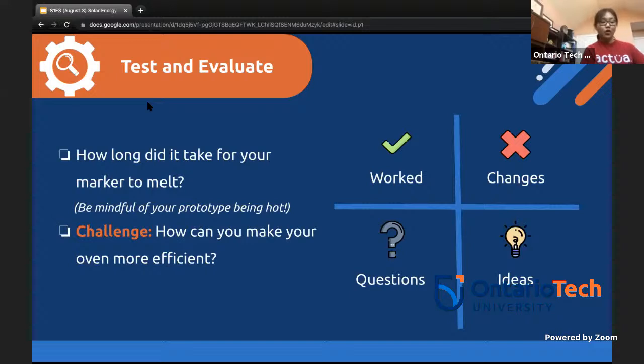You want to pop it open using your popsicle sticks. Once you put your crayons or whatever in your solar oven, you want to use your popsicle sticks, and you want to tape it so that it holds the sides of your tinfoil lid up. And you can test it at different angles during your test and evaluate stage in order to see which angle is going to work the best and make it the most efficient.